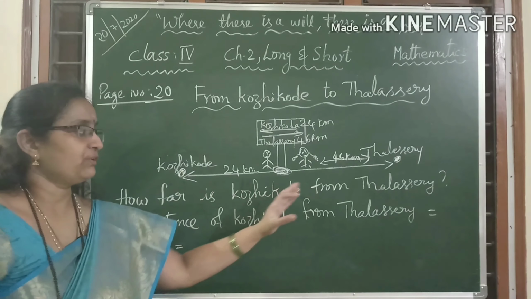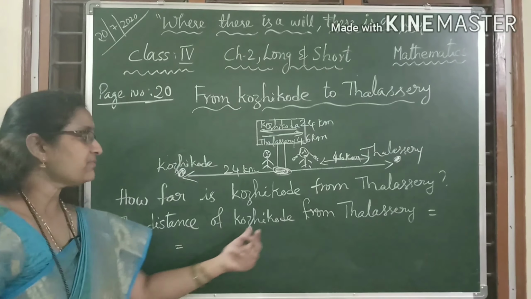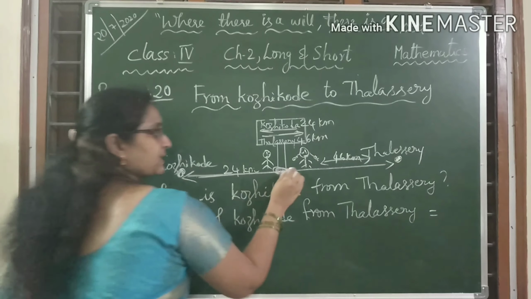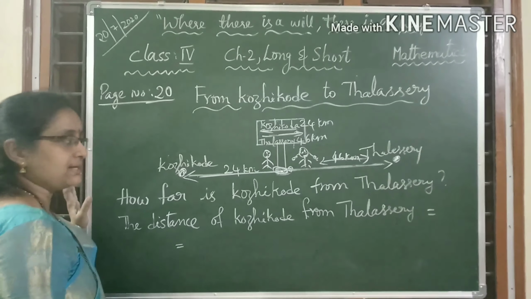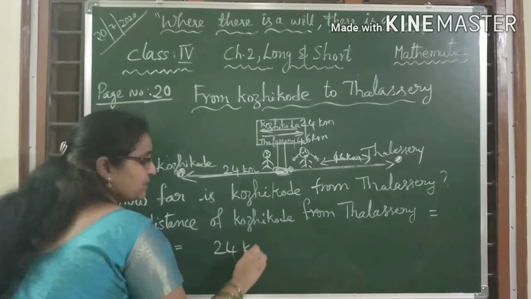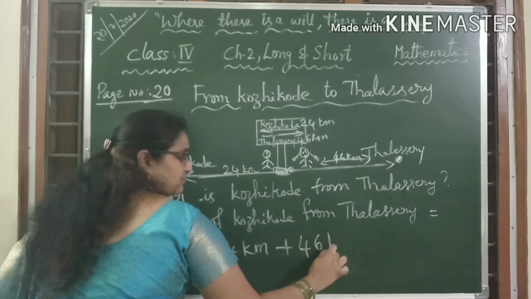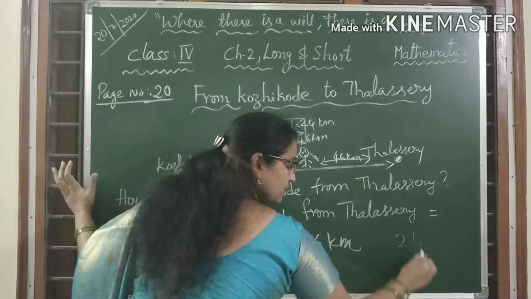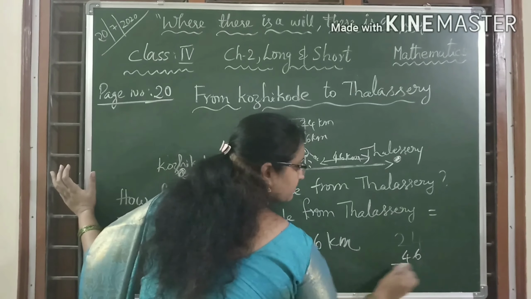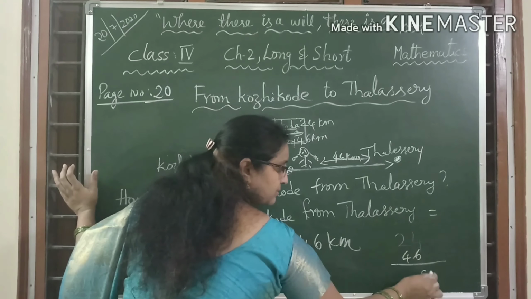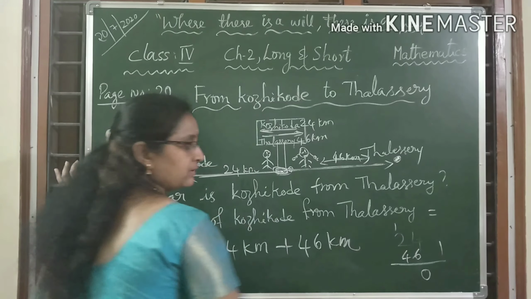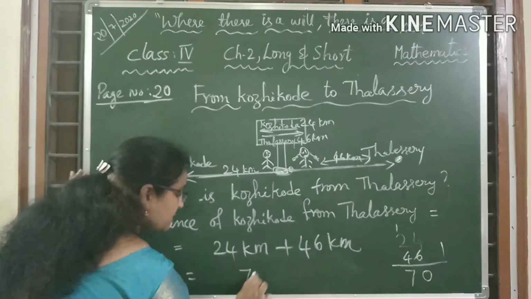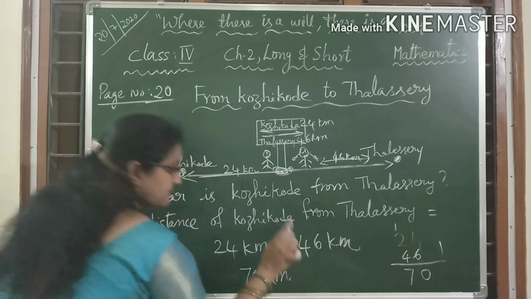The distance of Kozhikode from Talsari is the distance from this point plus the distance from this point to Talsari, which is nothing but 24 kilometers plus 46 kilometers. We need to add. While adding, you can do it here. 24 plus 46. 6 plus 4, 10. 1 carry forward. 2 plus 1, 3. 3 plus 4, 7. So which is nothing but 70 kilometers.